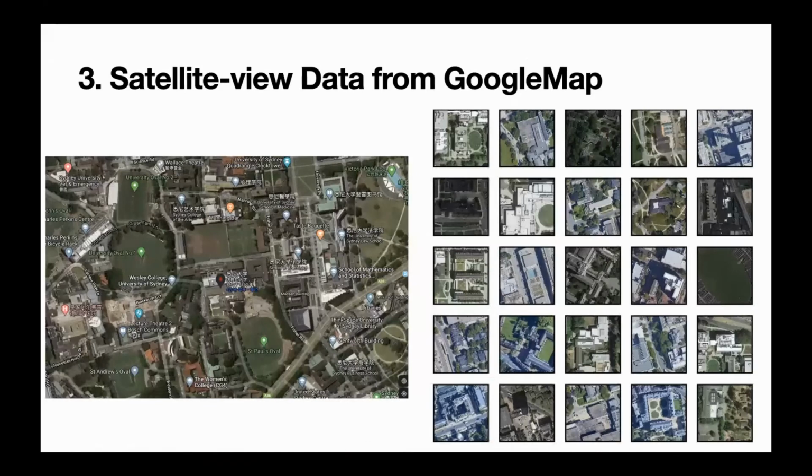We also collect the satellite view data from Google Map. If you are familiar with Google Map, they also provide satellite view data. In this way, for every building, we collect the satellite view data, the ground view data, and also multiple drone view images.